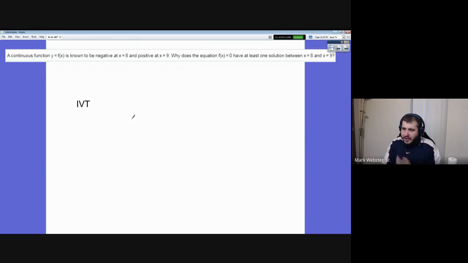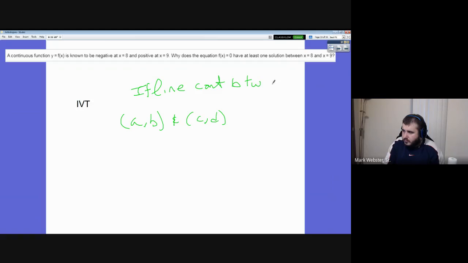if I have 2 points, let's call them A, B, and C, D, and I know that the line is continuous between these 2 points, then I could visually make myself a little box.